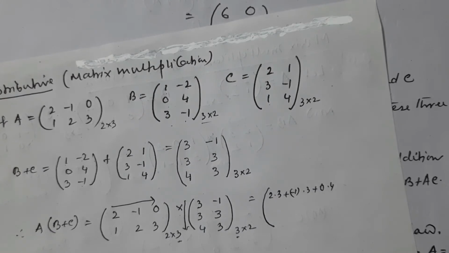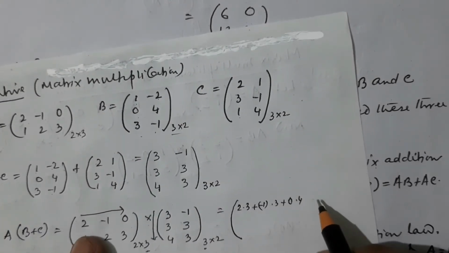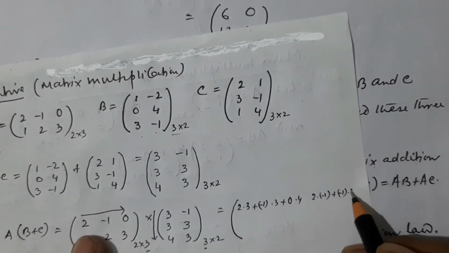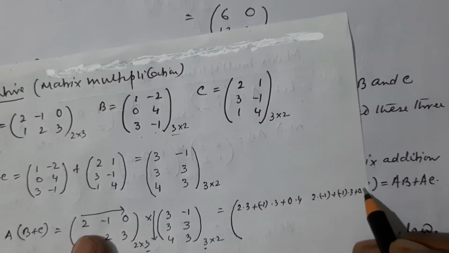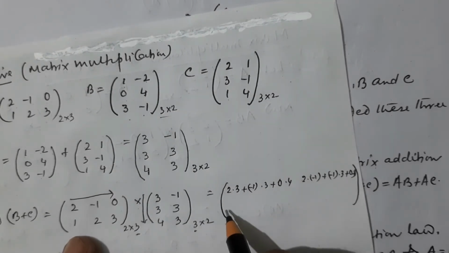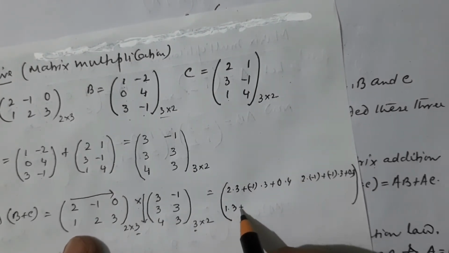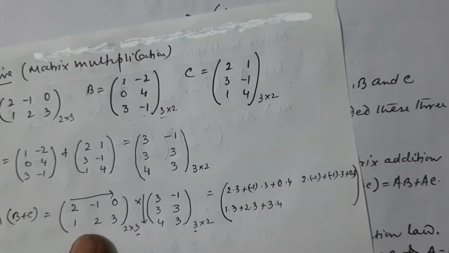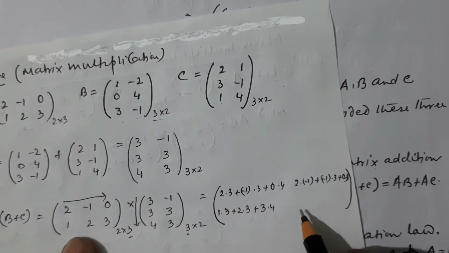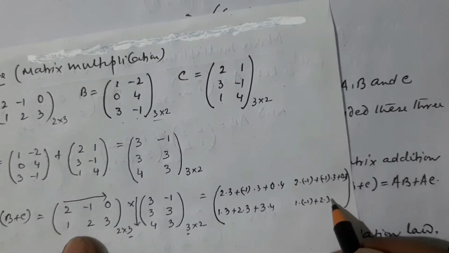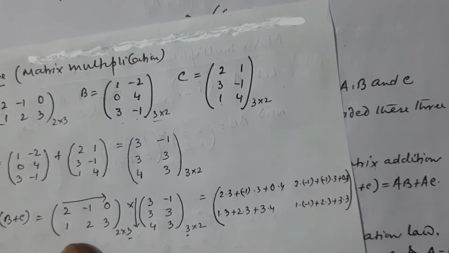First row, second column: 2 into minus 1 plus minus 1 into 3 plus 0 into 3. Second row, first column: 1 into 3 plus 2 into 3 plus 3 into 4. Second row, second column: 1 into minus 1 plus 2 into 3 plus 3 into 3.